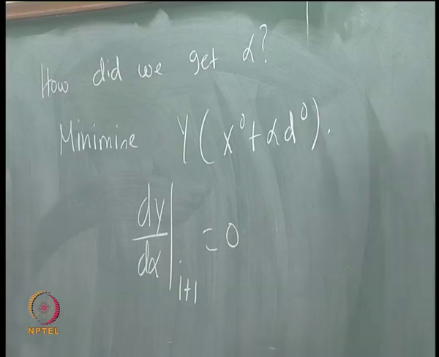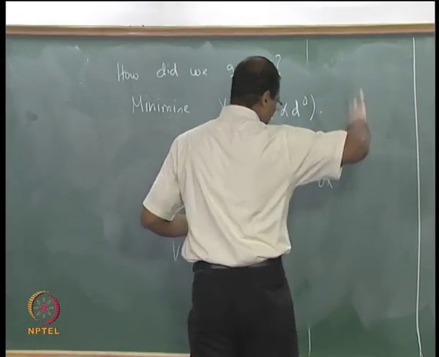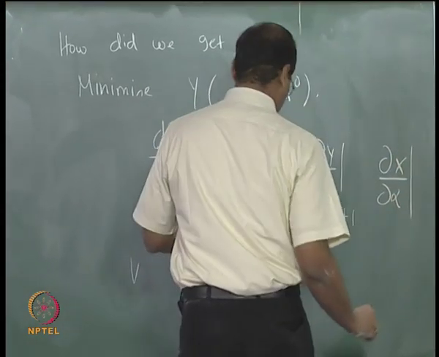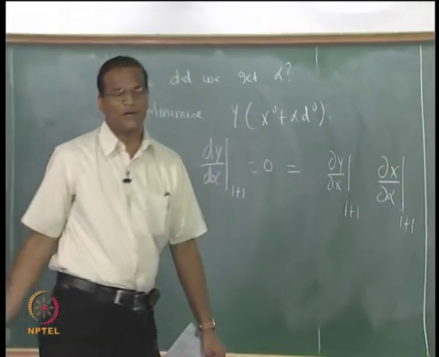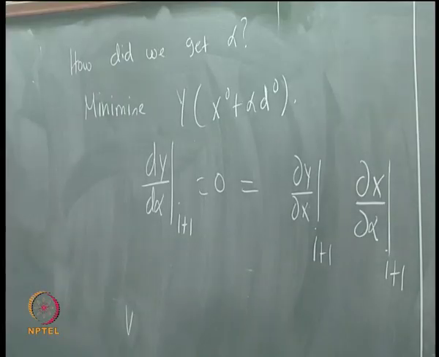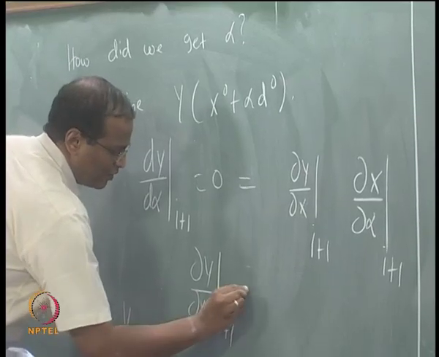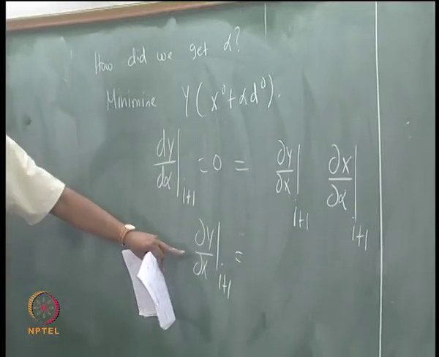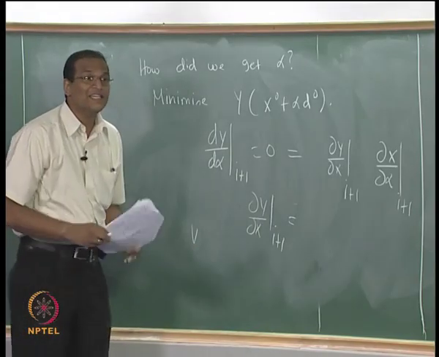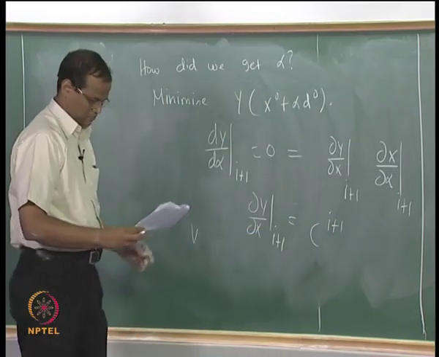Agreed. So this is dou y by dou x into dou x by dou alpha. This x is the capital X, correct. What is dou y by dou x at i plus 1? It is C at iteration i plus 1.